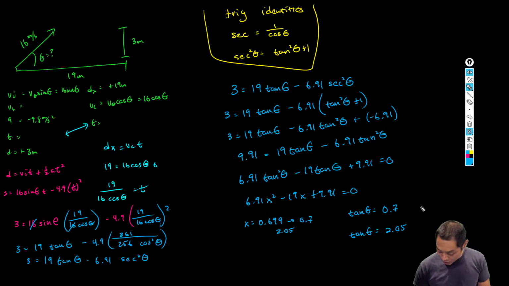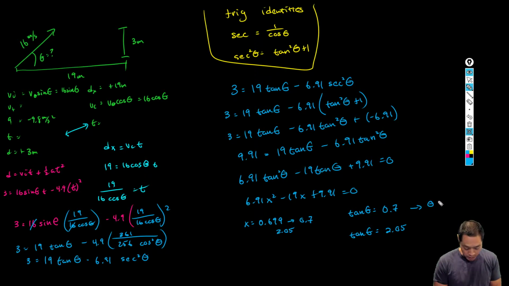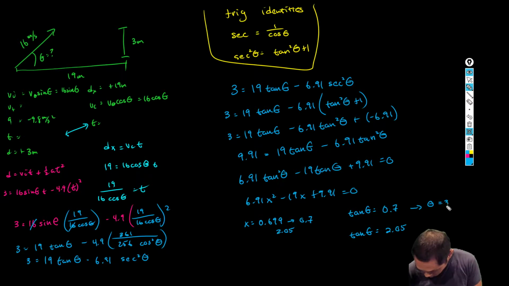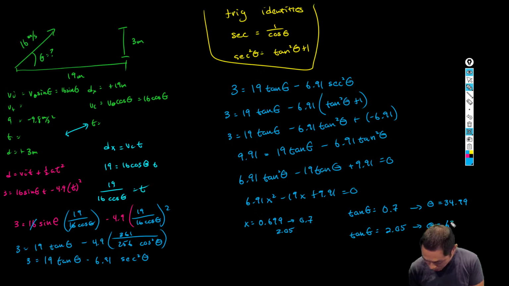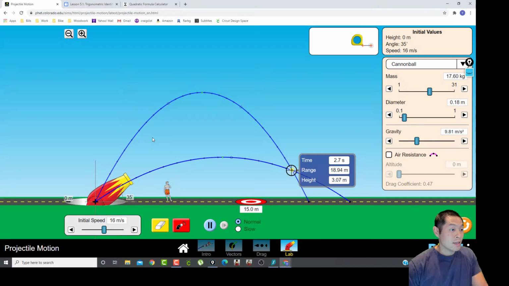So you do the inverse tangent for this one, you get tangent inverse 0.7, and I get 34.9935, and for this one I get 63.99, which is 64. So pretty much you get 35 and 64, and those are the actual two angles that I was trying to show right here.